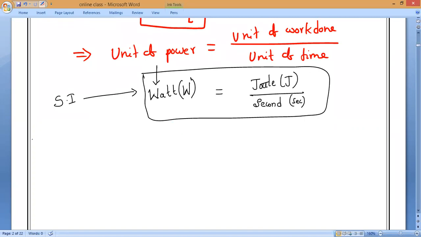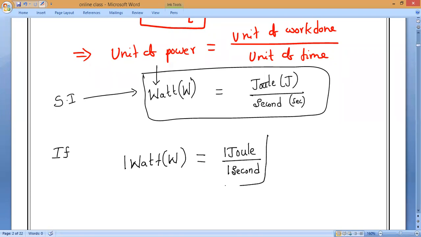Now, if I say 1 watt is the power, what do you mean by joules and seconds? How many joules of energy per how many seconds? 1 joule of energy per 1 second.